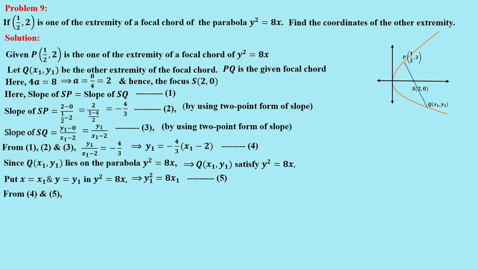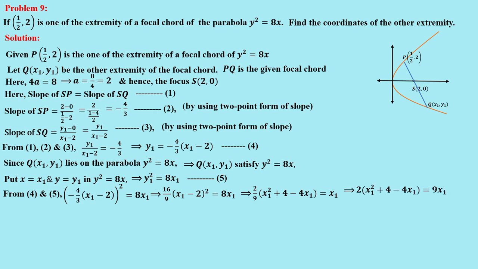So from 4 and 5, substituting the value of y1 from 4 in 5, minus 4 by 3 into (x1 minus 2) the whole square equal to 8x1. So 16 by 9 into (x1 minus 2) the whole square is equal to 8x1. So 2 by 9 (x1 square plus 4 minus 4x1) equal to x1. So 2 into (x1 square plus 4 minus 4x1) equal to 9x1, just to do the cross multiplication.